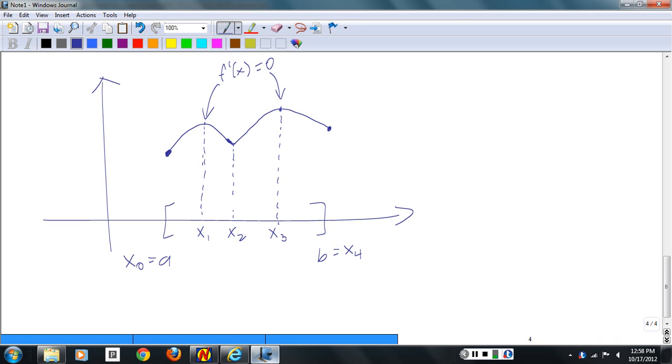And then there's a place where f prime of x does not exist, right there. Try to go with a corner there. So a corner, it fails to exist, but still that's a critical number, critical point. And then that's an endpoint, and that's an endpoint.